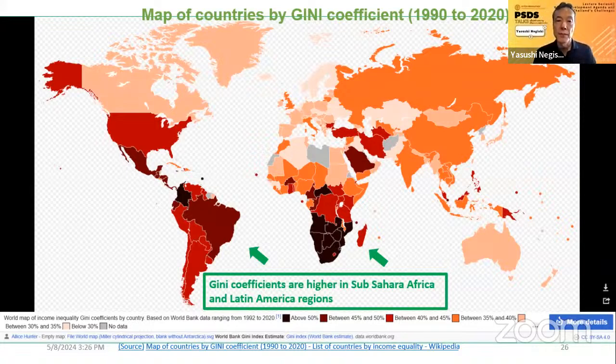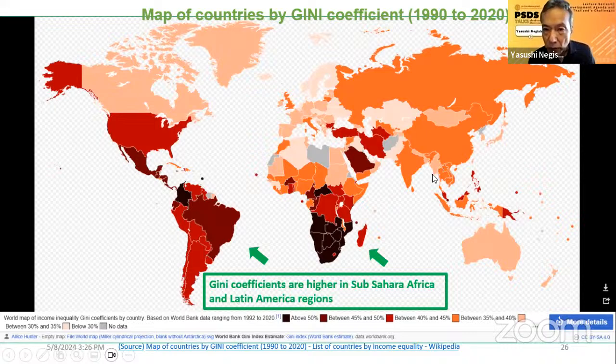As you can see, this is the African continent, especially these countries in sub-Saharan Africa, where the Gini coefficient tends to be very high, very dark. European countries, and in Asia, Japan, Korea, and Australia tend to be in a lighter color.